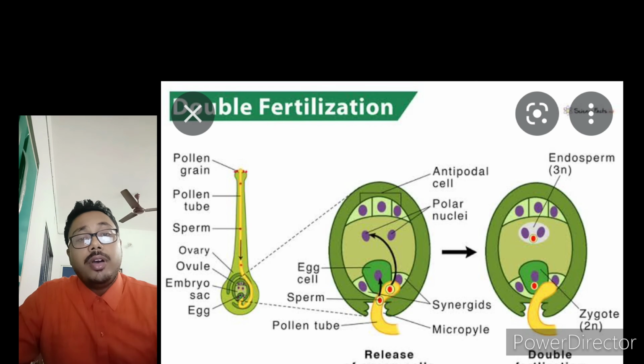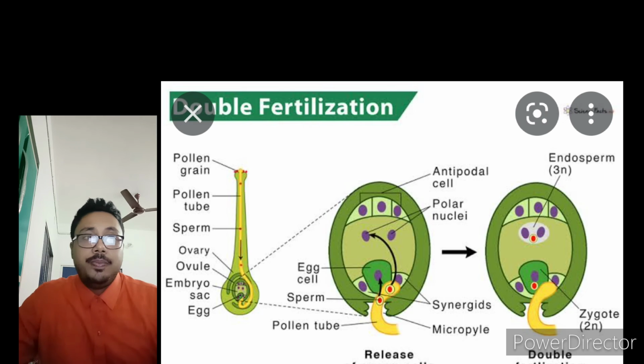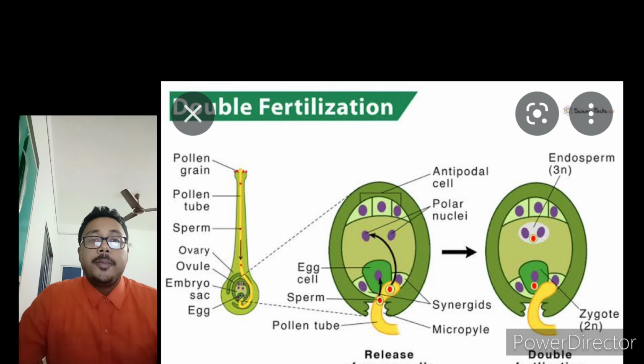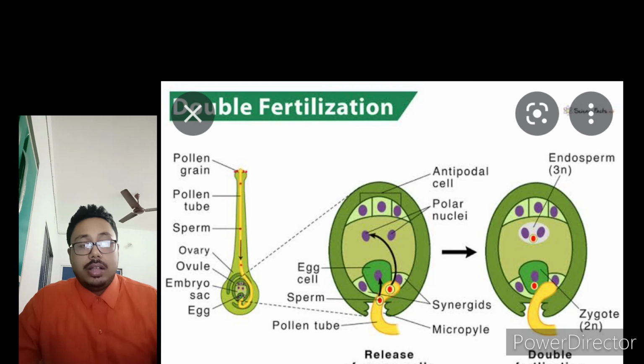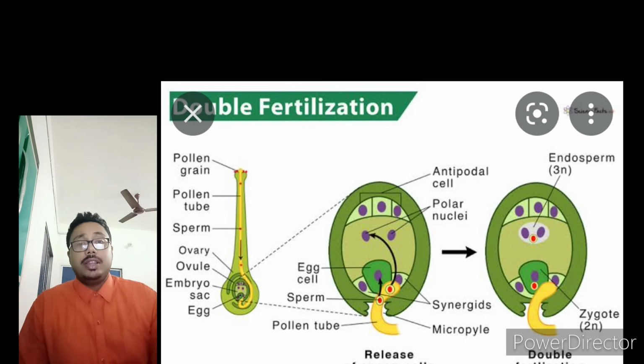And the embryo forms by the fusion of the egg cell with one of the germ cells. This happens after pollination, then tube formation, then fusion, that is fertilization. The fertilization occurs in two parts, with the polar nuclei and the egg cell. That is why it is known as double fertilization.